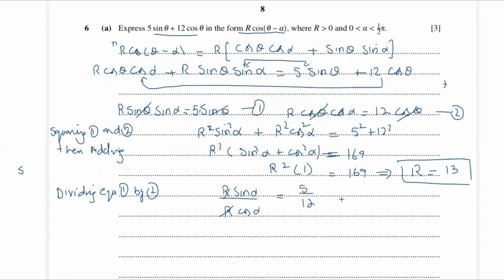Now we can write tan alpha equal to 5 over 12. Now alpha will be equal to tan inverse 5 over 12. Taking the value in radians, alpha will be equal to 0.394. This is the answer.